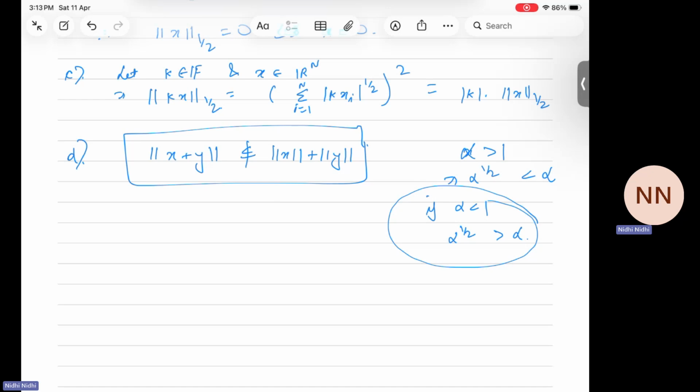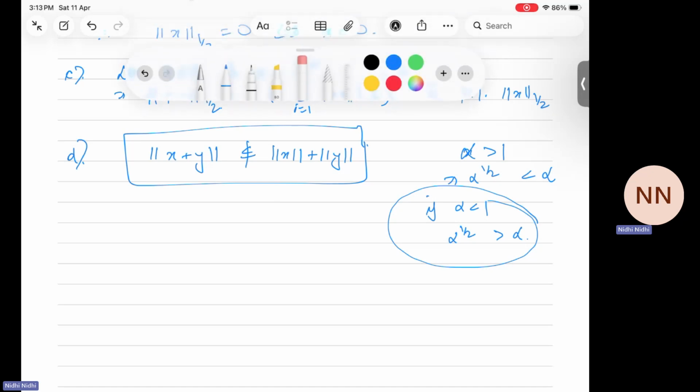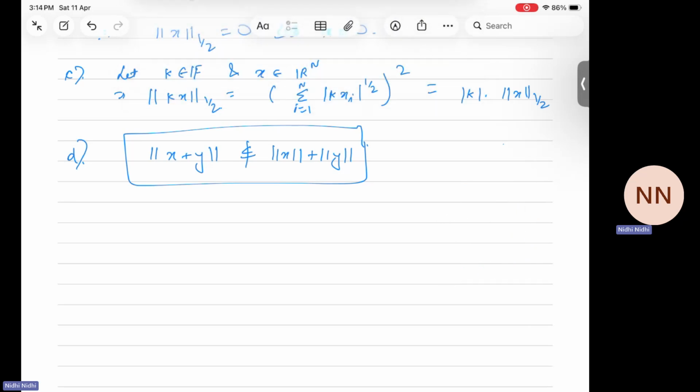That's where the problem comes. So that gave us a hint that we might take values lesser than 1 to get a contradiction. Because if we had a square instead of the power 1 by 2, we all know this is the Euclidean norm and this will form a norm. So the issue should come due to this power half. So let's see.